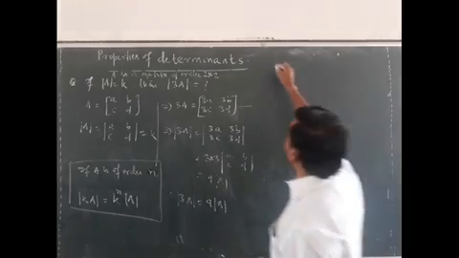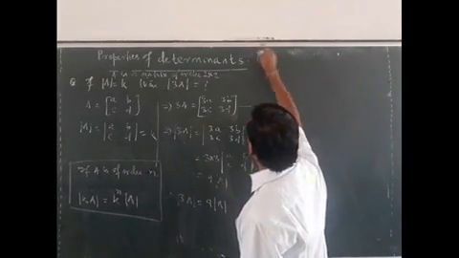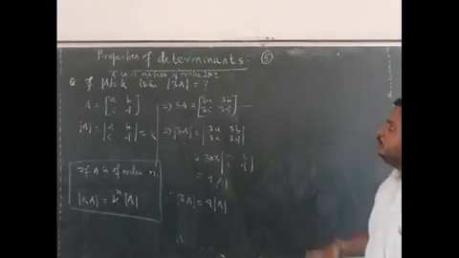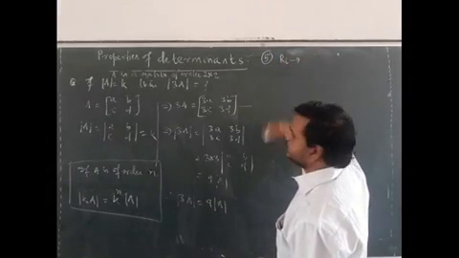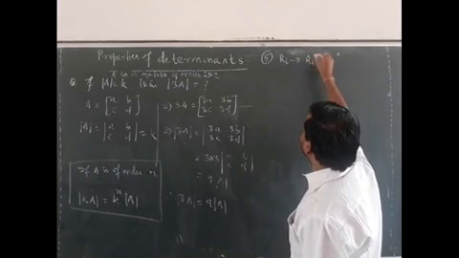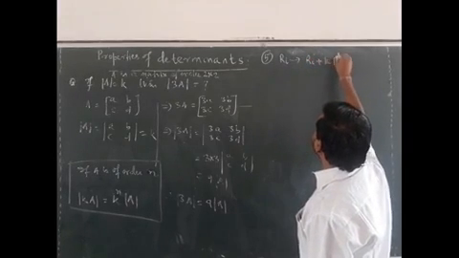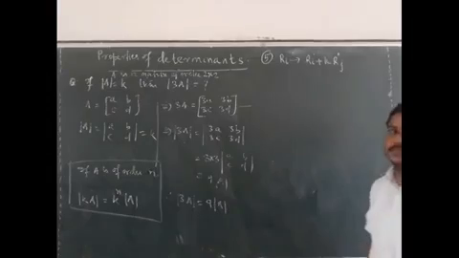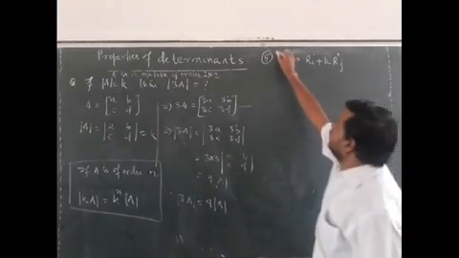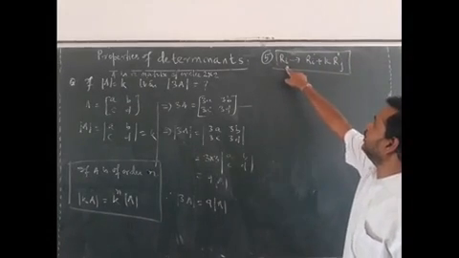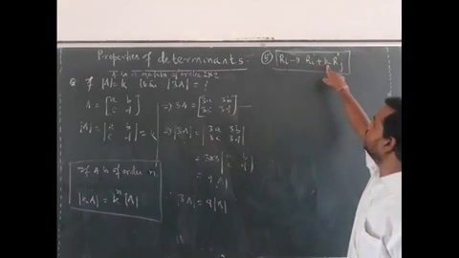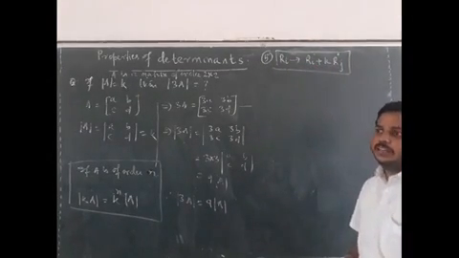This is our property number 5. Any row can be replaced by that row plus K times another row. I repeat, this is an elementary operation in a matrix. I have already told you that any row can be exchanged with that row plus K times another row.